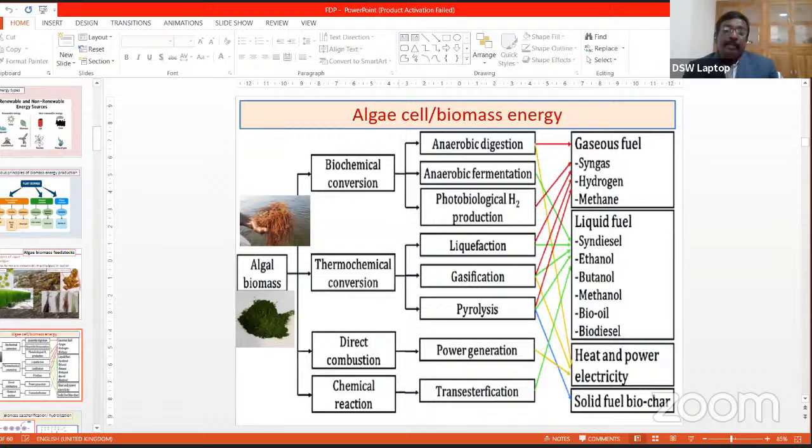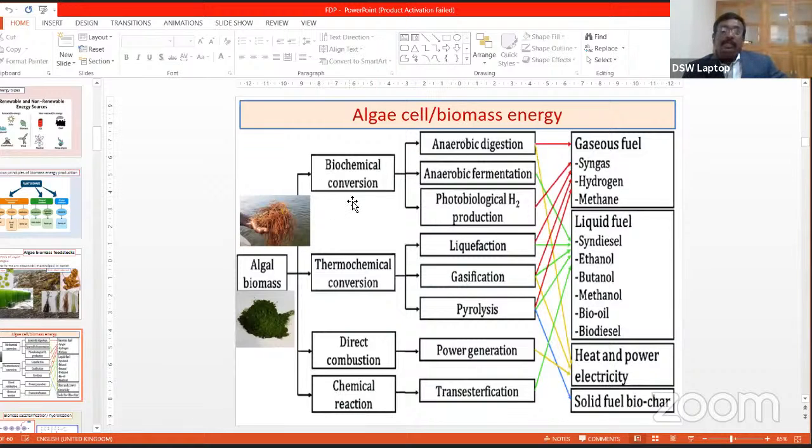Like plant biomass, algal biomass can also be converted into various sources of energy like fossil fuel through four main principles: biochemical conversion, thermochemical conversion, direct combustion, and chemical reactions.